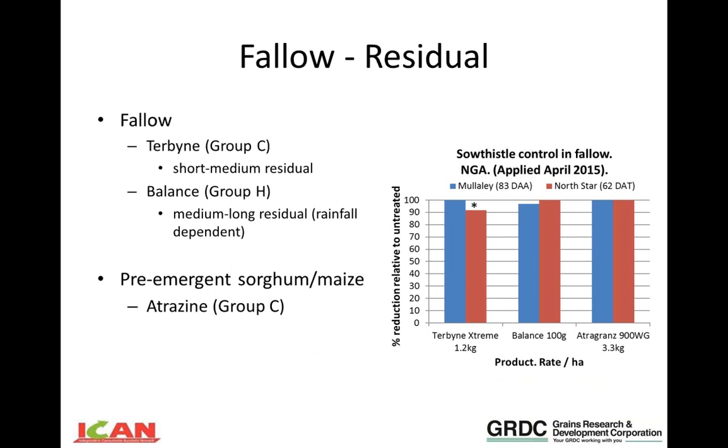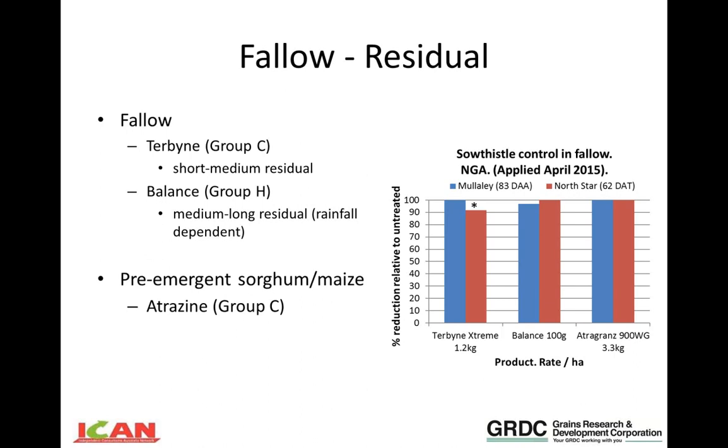Okay, I won't go too much into this slide. We've already talked briefly about Terbyne and Balance and some of the limitations there with Balance in particular. What you can see though is a graph there. This is data supplied by the Northern Grower Alliance, looking at data across 2 sites and the efficacy of residual herbicides on common sowthistle.